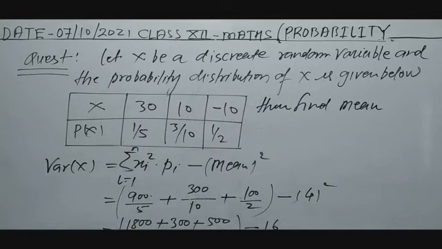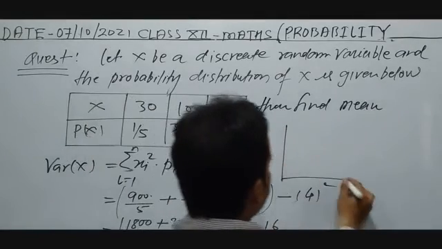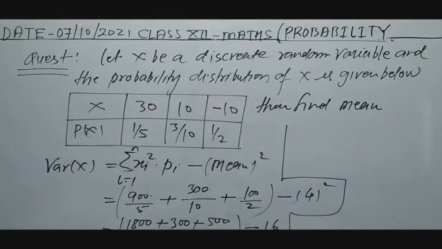Now calculation: 18 plus 5 is 23, and 23 plus 3 is 26, so 2600 by 10 is 260.